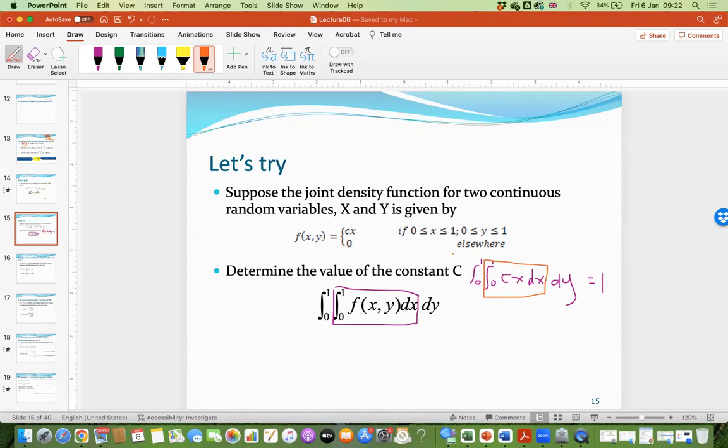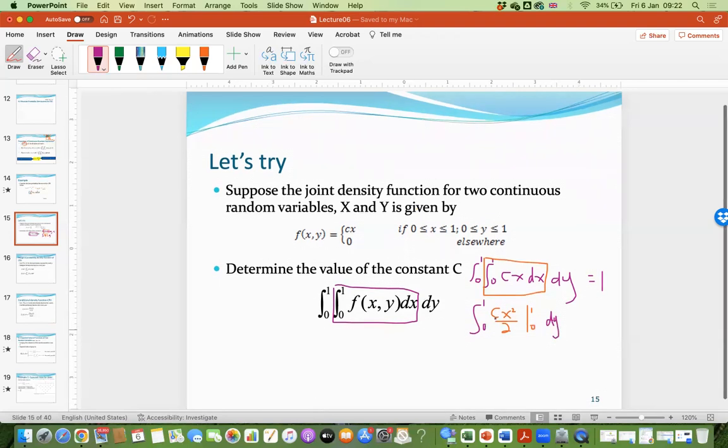Let me write it for you. So c x squared over 2, from 0 to 1. You still need to write the dy, but you ignore it first.